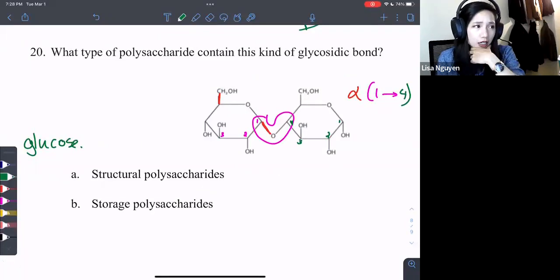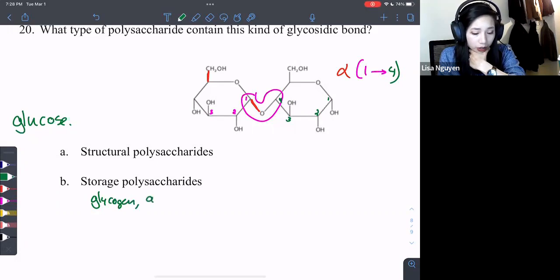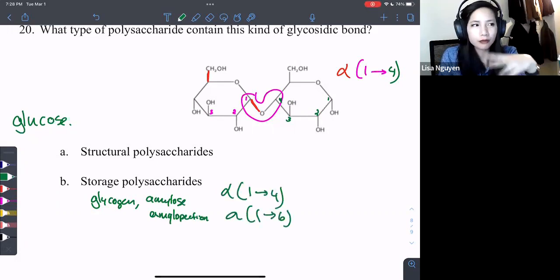All storage polysaccharides, like glycogen, amylose, and amylopectin, have alpha 1,4 or alpha 1,6 linkages. Amylose is only alpha 1,4.